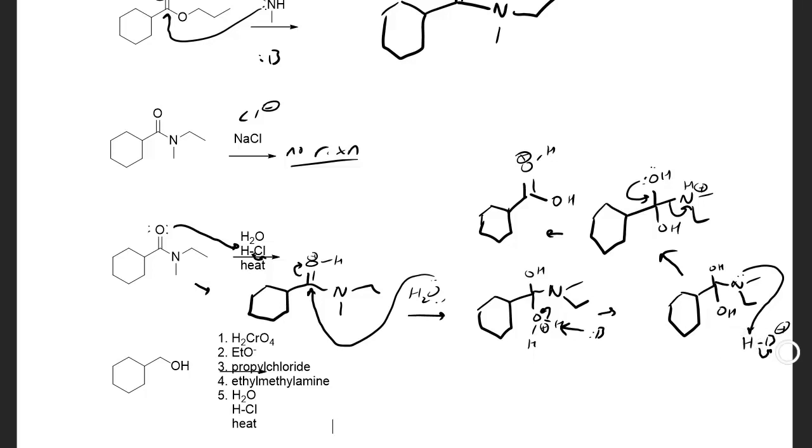So we have deprotonated our HB again, so we've got our base, which can deprotonate that hydrogen and deprotonate that, which can get us to the final product now, which is our carboxylic acid.